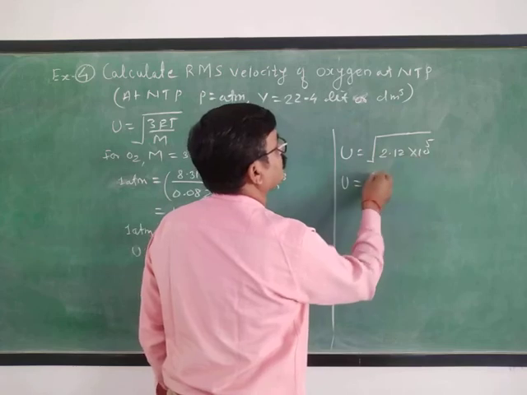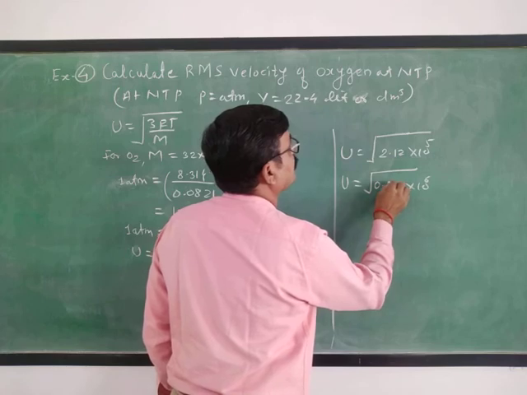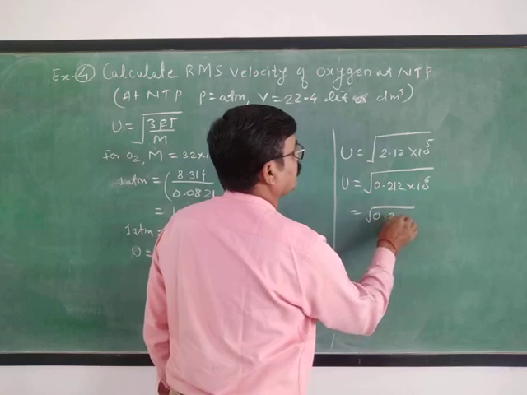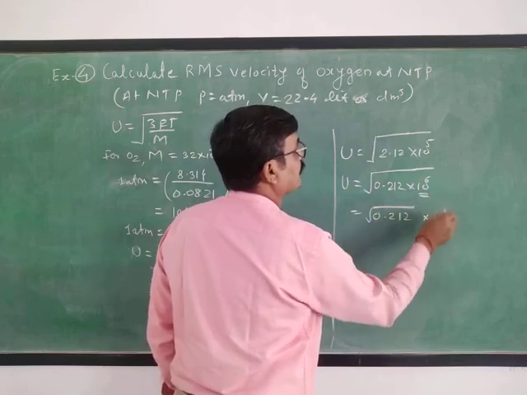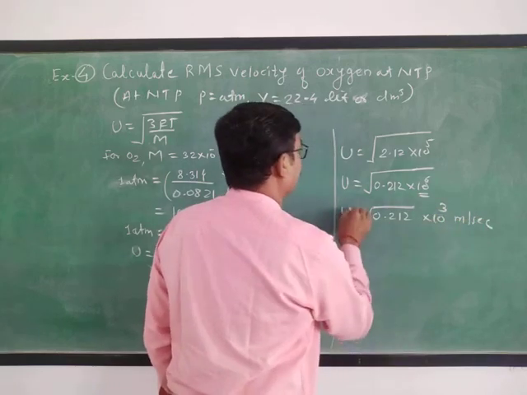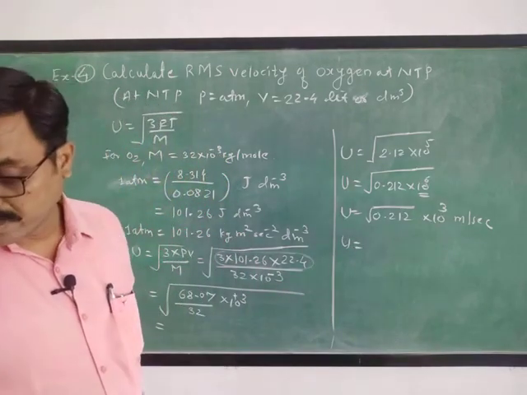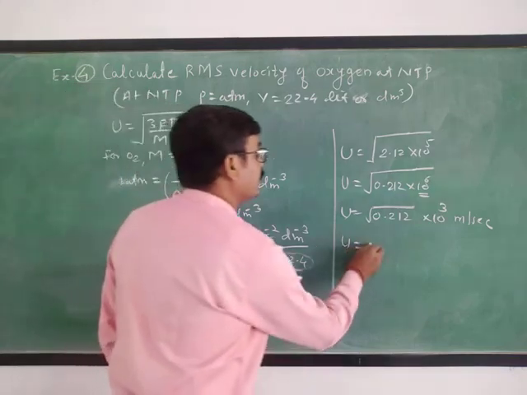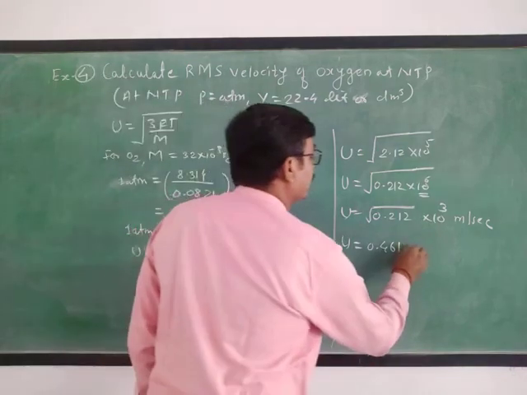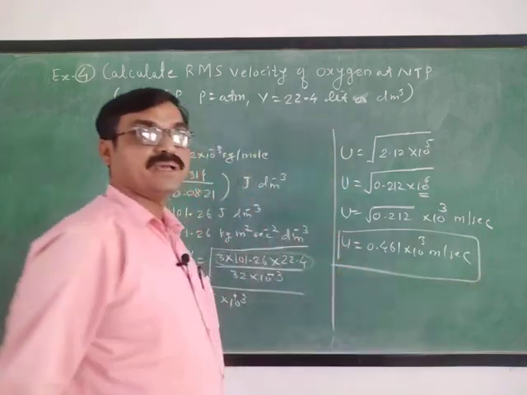Now in order to write this as 10 raised to power 6, it will be 0.212. Here this is under root 10 raised to power 6, so out of this it will be 10 raised to power 3, and U equals root of 0.212, it will be 0.461 into 10 raised to power 3 meter per second. This is the value of RMS velocity.